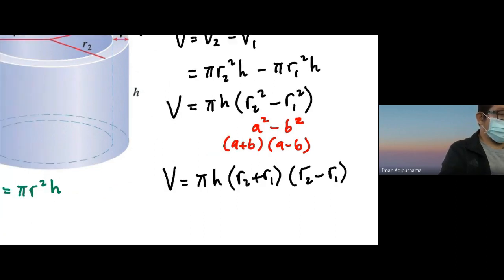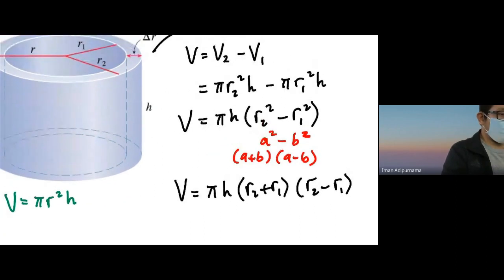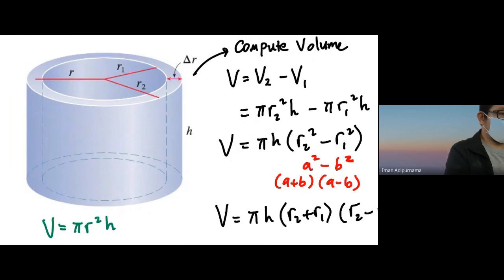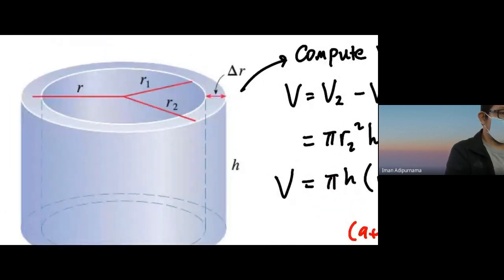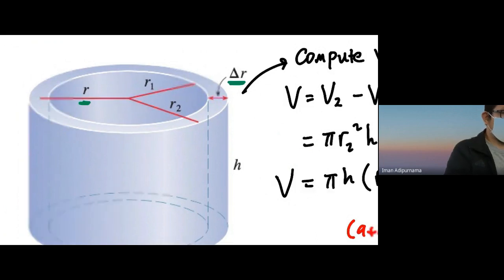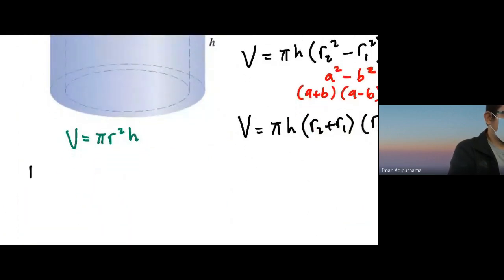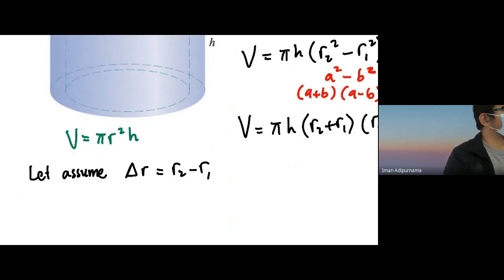Now, so far so good. And then we're going to look here at this delta r and r. Let's make some assumptions. Let's assume that the delta r is the difference between these two, and the r is the average value, so r2 plus r1 divided by 2.